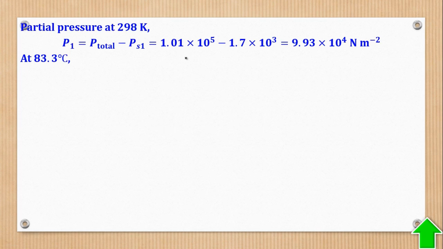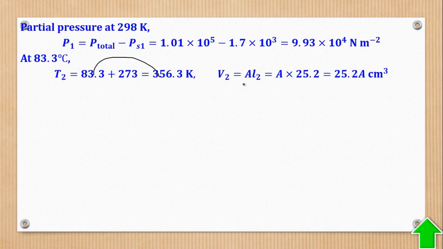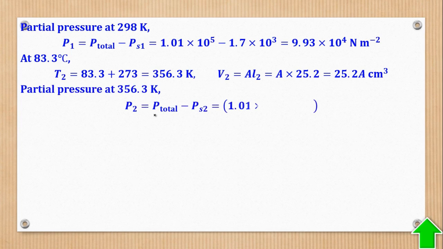Then at 83.3 degrees Celsius, temperature convert to Kelvin, volume 2 is AL2. So substitute for L2 to give you that. Partial pressure at that temperature will be P total minus PS, which is that.